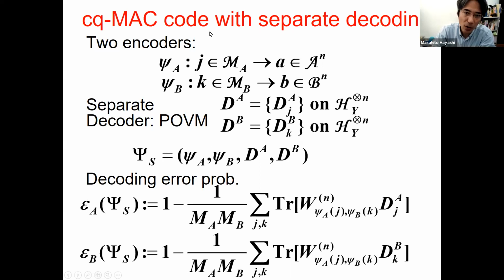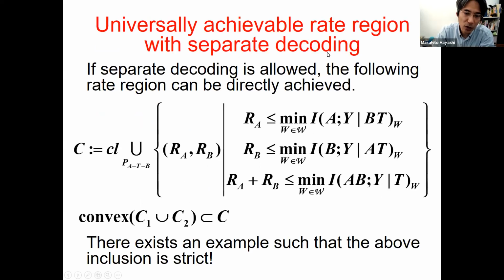So we have this result. If we allow that kind of separate decoding, in that case, we can achieve this transmission rate universally. So we have a universal encoder and a universal decoder with separate decoding to attain this capacity region.